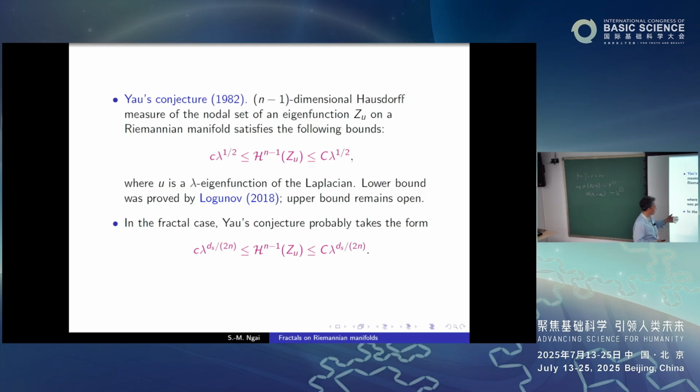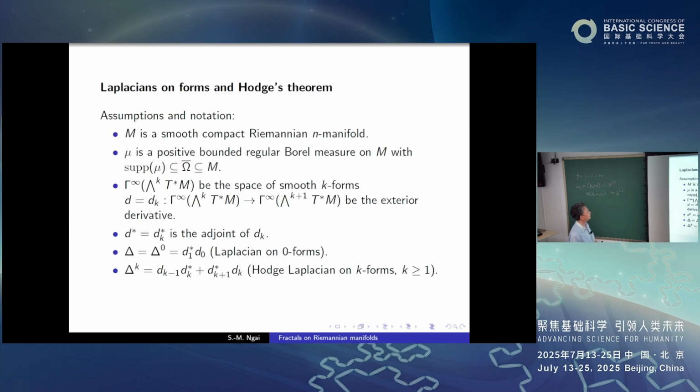To be able to study this problem, we first need to make sure that we have a complete orthonormal basis of eigenfunctions. We also need to make sure that the eigenfunctions are continuous, otherwise the zero sets are not well defined. So those are the two questions we need to solve.